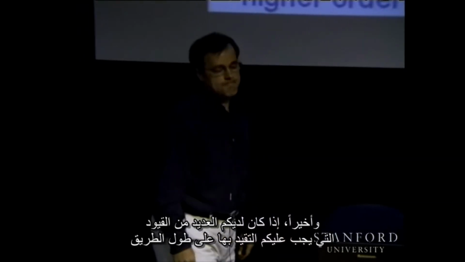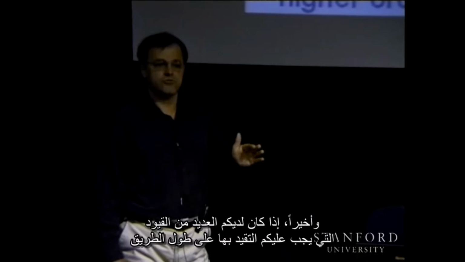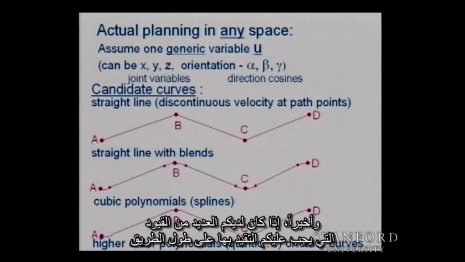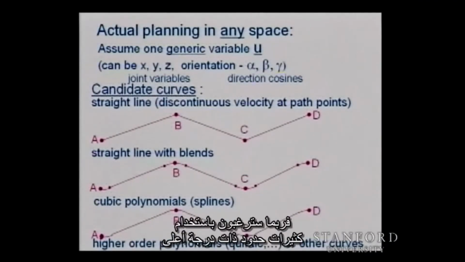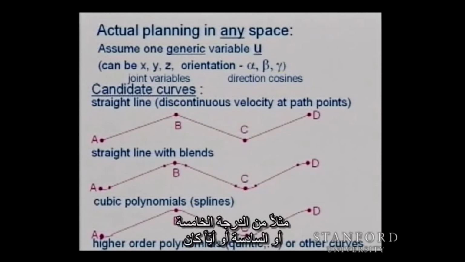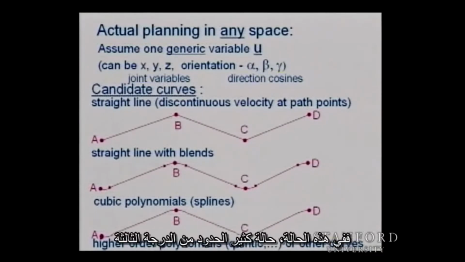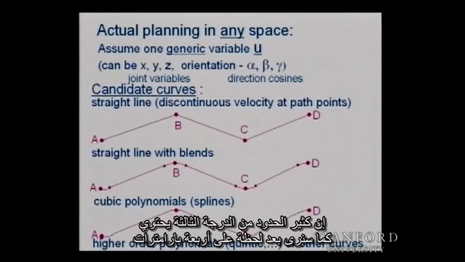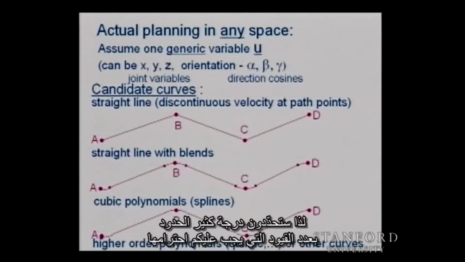And then finally, if you have a lot of constraints that you want to satisfy along the way, you might want to use higher order polynomials, like quintics or septics. A cubic polynomial, as we'll see in a moment, has 4 parameters, so you're limited in how many constraints you can satisfy.